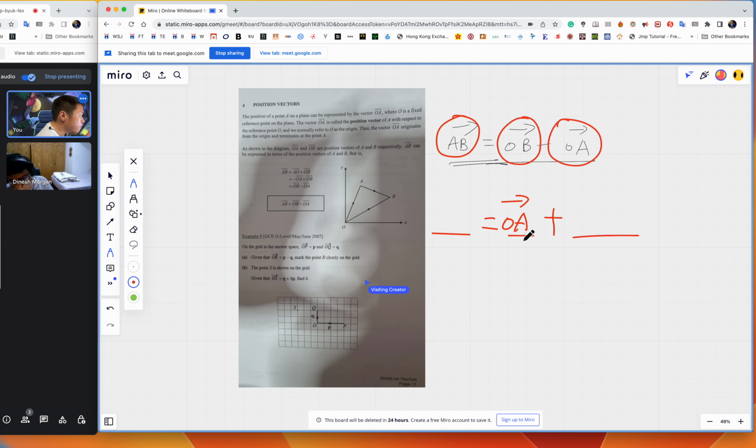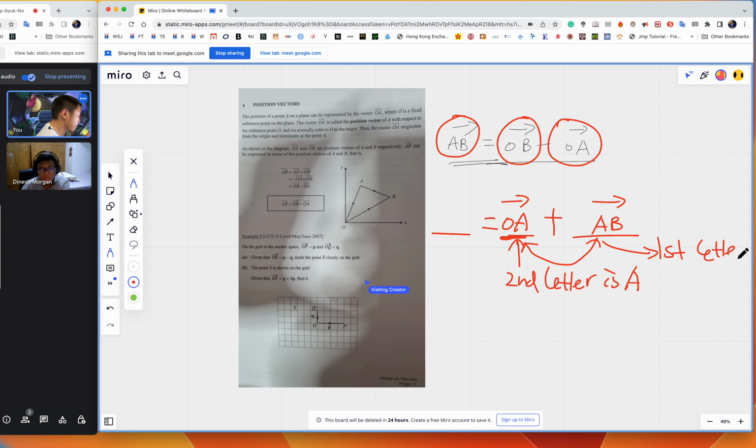So I will write OA, next I will write AB. When you have these vectors, the second letter of OA is A. And then the first letter of AB is also A, right?